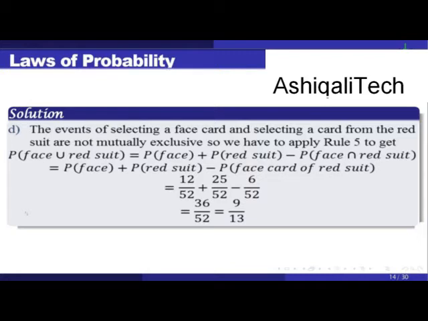So this is equal to probability of face plus probability of red suit and minus probability of face card of red suit. Since there are 12 face cards, so the first will be 12 over 52. Since there are 26 red cards, so it will be 26 over 52 minus face cards of red suits are 6, so minus 6 over 52. So we get 32 over 52, that is equal to 8 by 13.